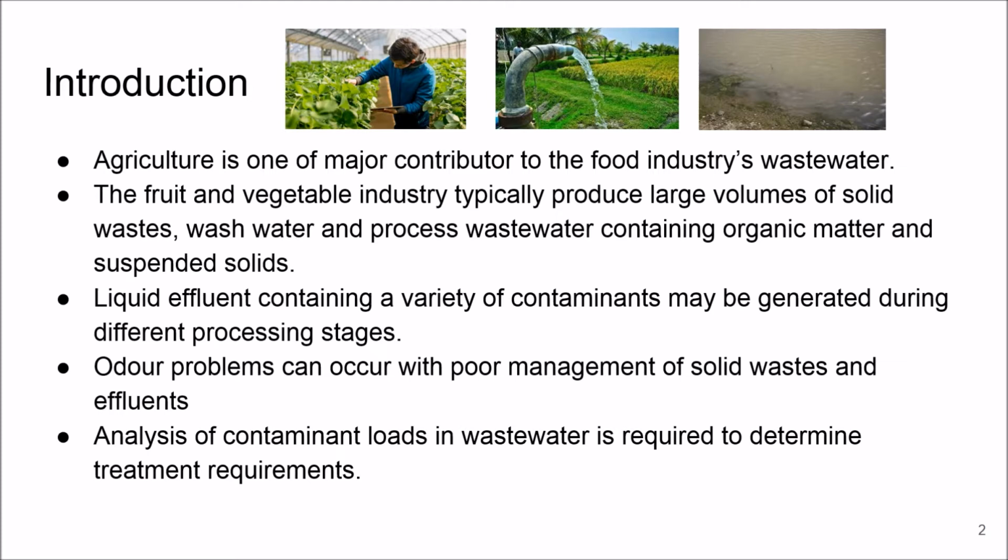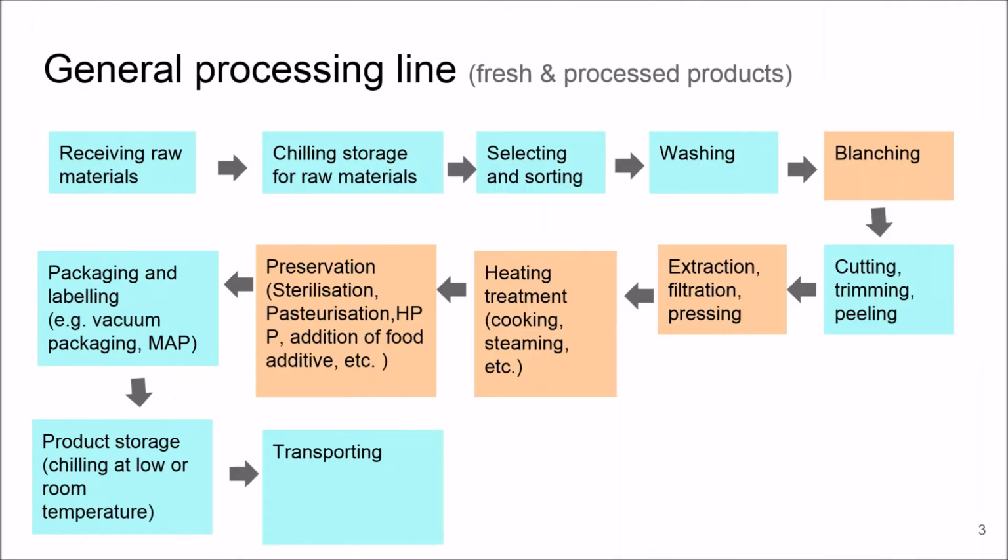So this is our general processing line, which is from receiving raw material, chilling storage for raw material, selecting and sorting, washing, blanching, cutting, trimming, peeling, going to extraction, filtration, pressing, heating treatment such as cooking and steaming.